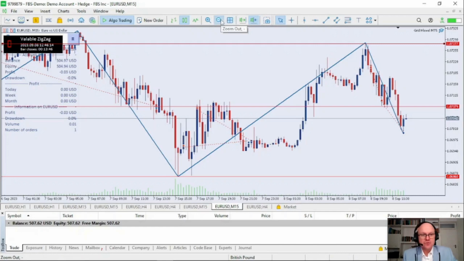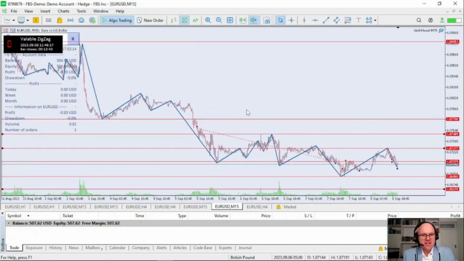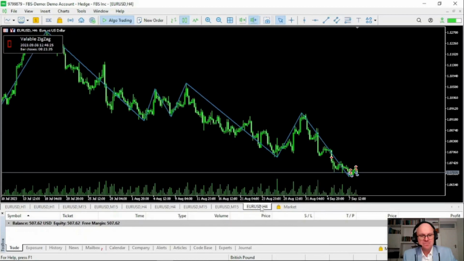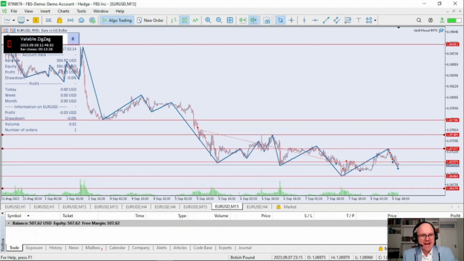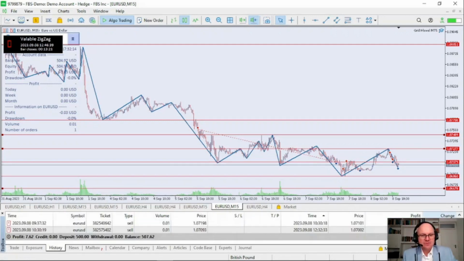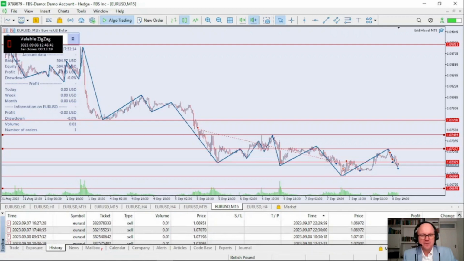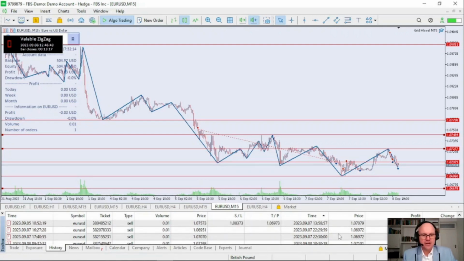A few days later, we'll see here from the example that I identified the different zones using the Valuable ZigZag on a lower time frame, and the 4-hour overall determines the trend of the market. You'll see we had predominantly sell trades. As the market approached one of these zones, you'll see it entering, and we were able to secure a nice profit during this short week of trading.